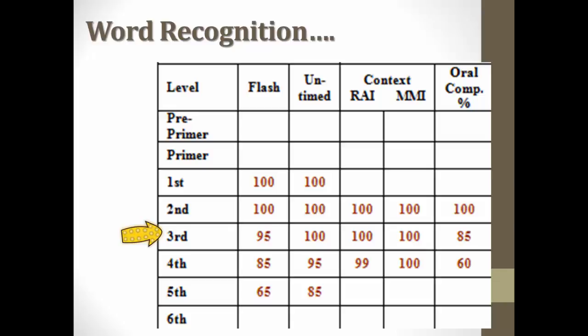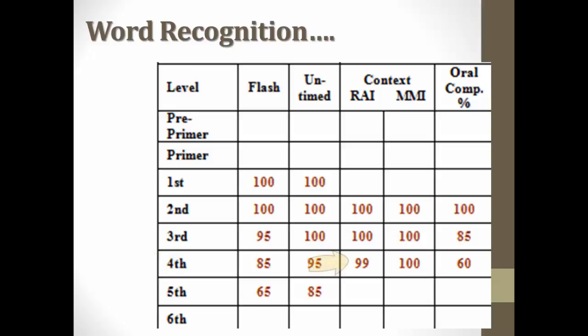We don't have 100%. We have a 95 on flash. So we say, grade level, we would have liked to see 100, but what's contextual reading telling us? Wow, pretty good. RAI of 100 and MMI of 100. So, what about comprehension? Pretty good too. Third grade reading with a comprehension score of 85. I think that's pretty good.